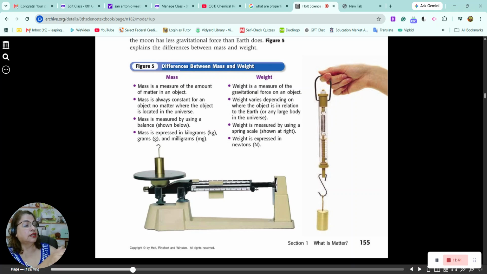If we look at it, my scissors weigh 60 grams, because look, it's from 0 to 100. So these are nice to have.